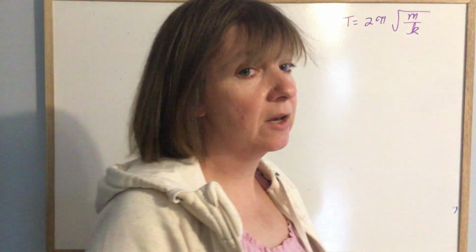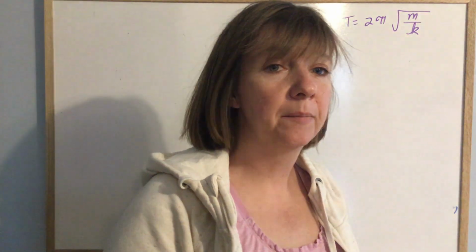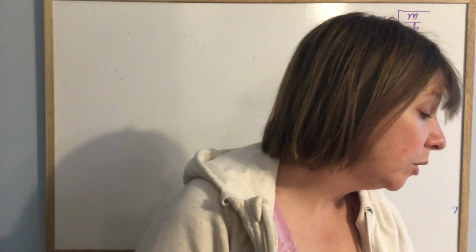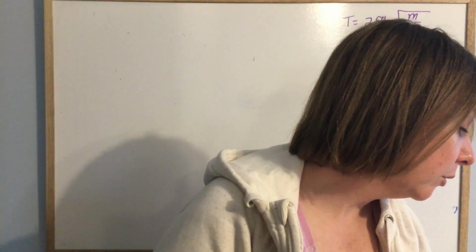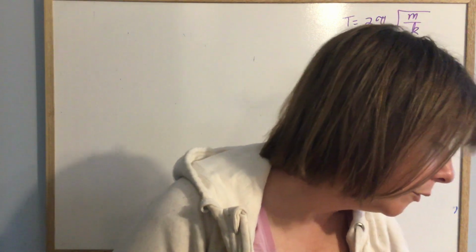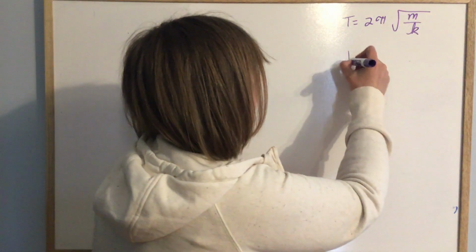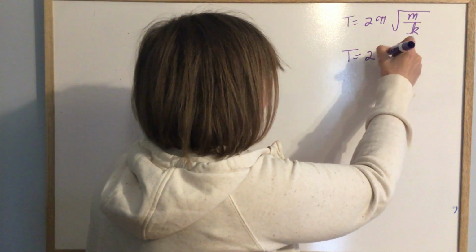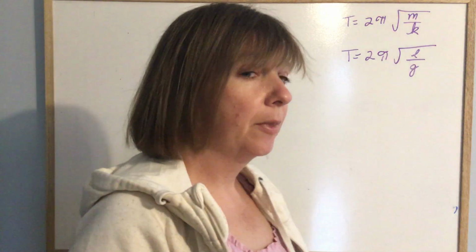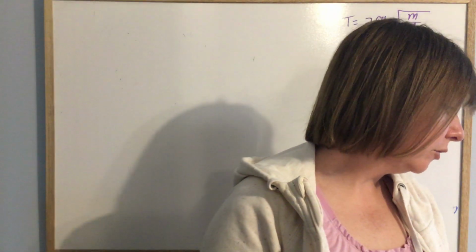But we also use the kinetic energy formula and the elastic potential energy formula. And then when we were talking about pendulums, the formula for pendulum was period is 2 pi times the square root of L over g. Those really were the 2 things that we did.